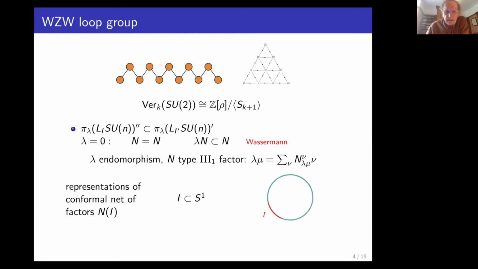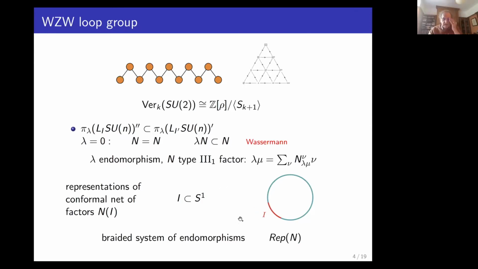So that leads to the notion of a conformal net of factors, and the representation theory of this conformal net indexed by the subintervals of the circle is then reproducing the Verlinde ring as a category.